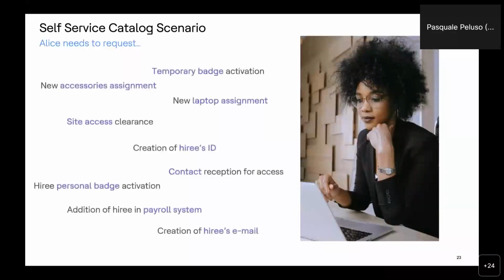For example, a temporary badge activation, the site access clearance, the creation of the new ID, the assignment of the laptop. All those things are quite boring, a lot of operations that could maybe be automated if there is a way to do that.